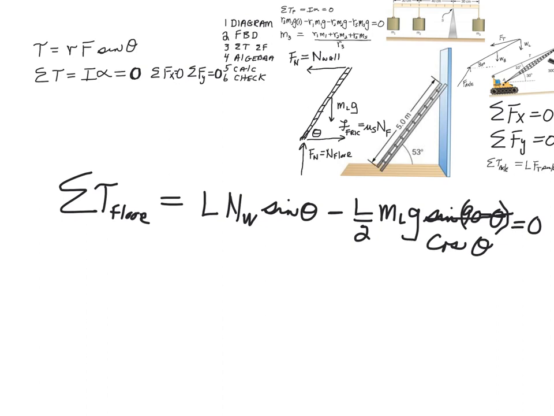And then, as we did in the last problem, you're going to do the sum of the forces in the x direction and the sum of the forces in the y direction. And you should be able to come up with the equations and the answers and the numerical solutions to this problem.